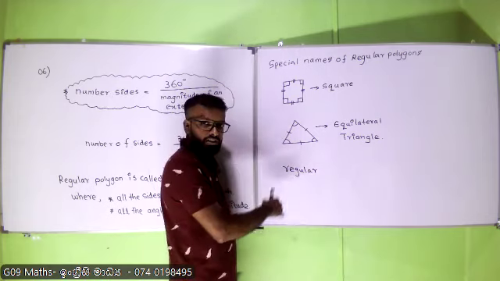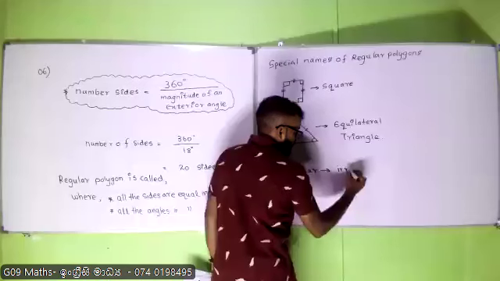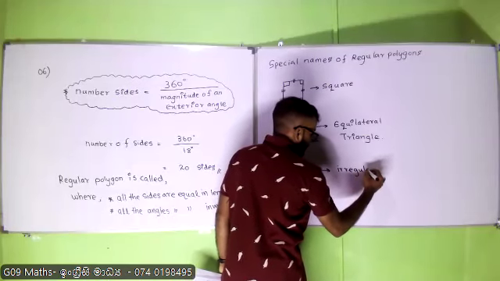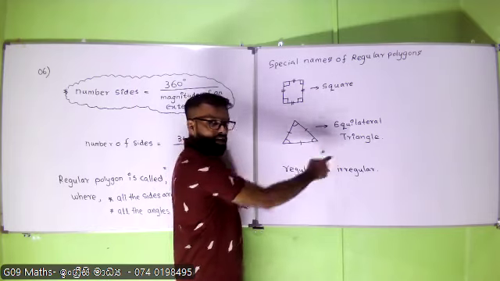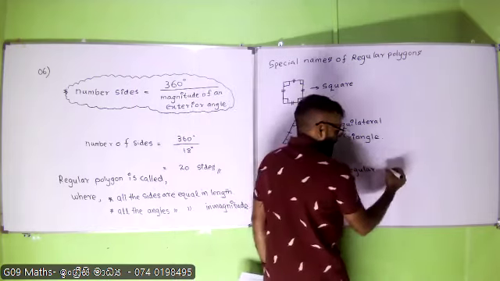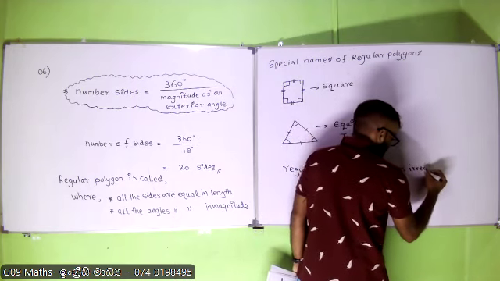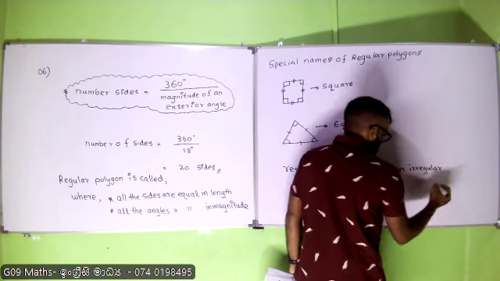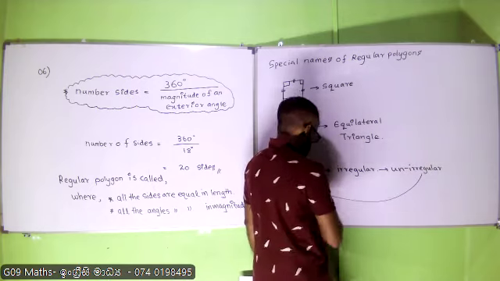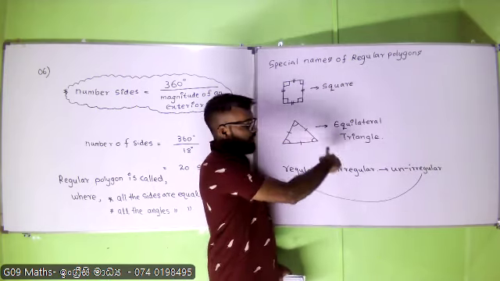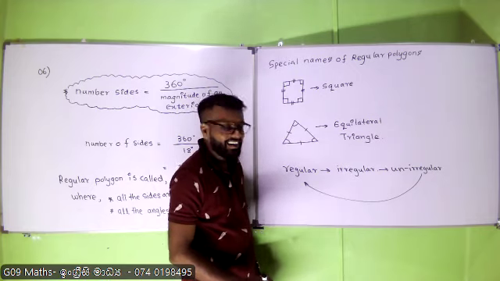If you want to track out this, irregular. If you want to track out this one again, unirregular. Irregular, unirregular, so again regular.